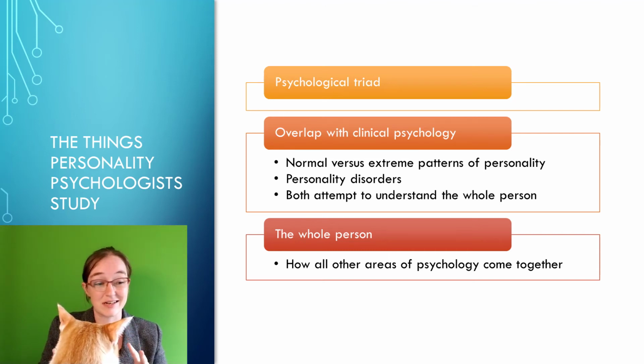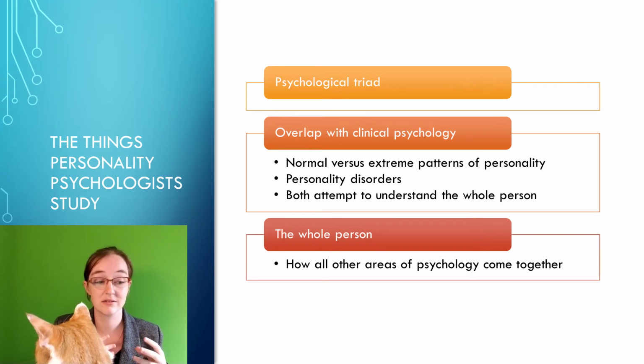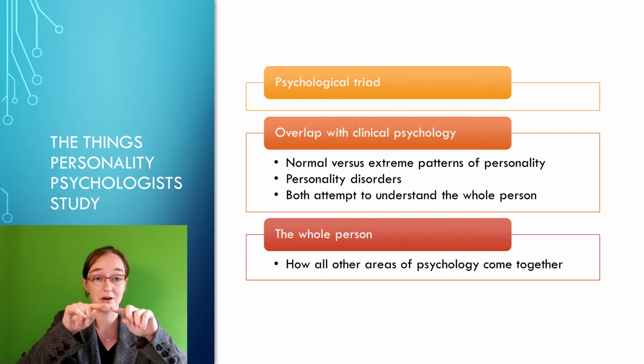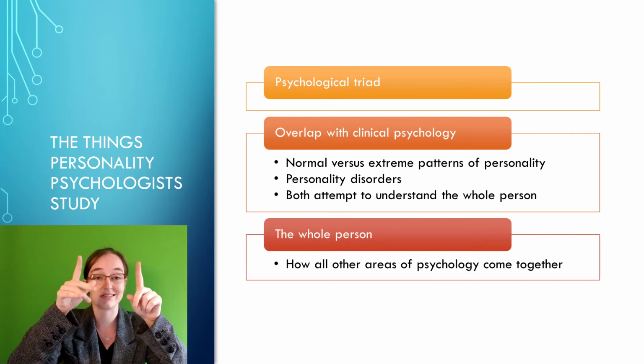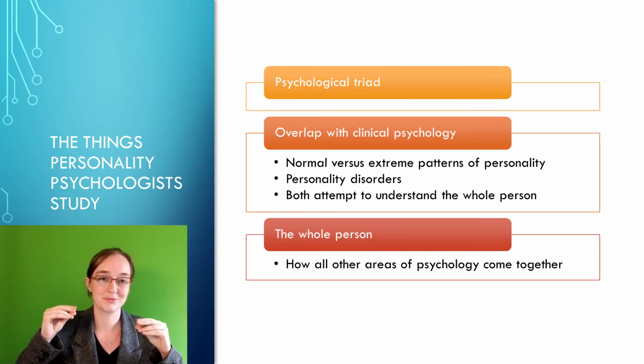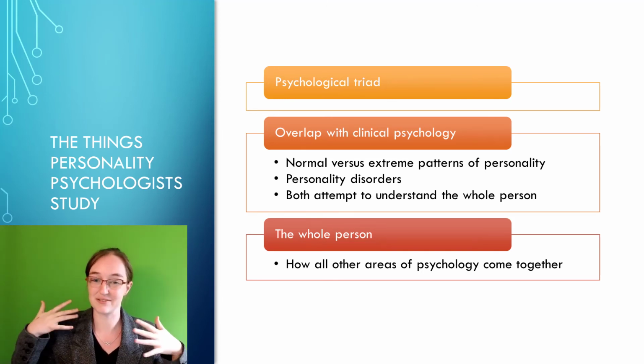Personality psychology studies the normal, typical patterns of how people behave, think, and feel, versus clinical psychology, which studies the extremes, as well as unusual patterns that cause problems. So if you were to envision a bell curve, personality psychology studies everything except the tails. But sometimes we study the tails too, because we can. That's one way to think about it.